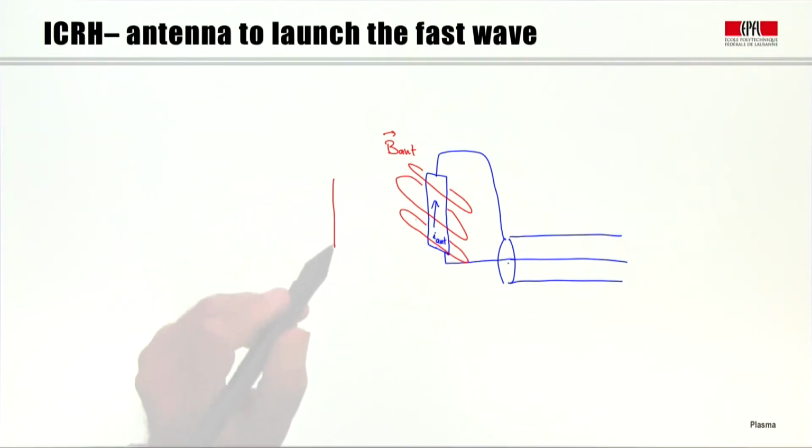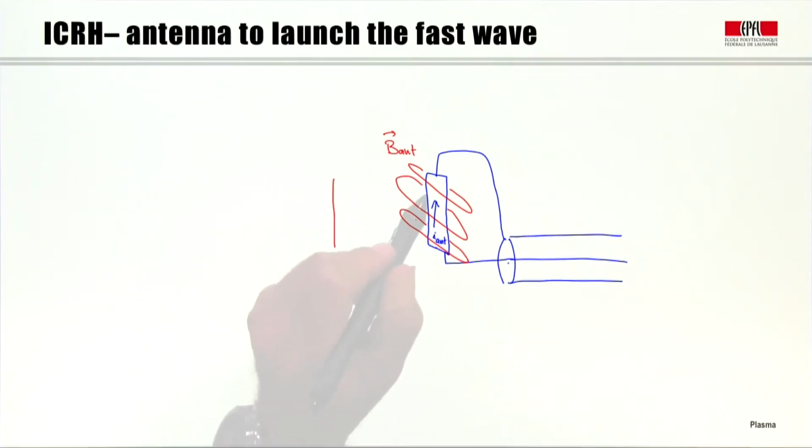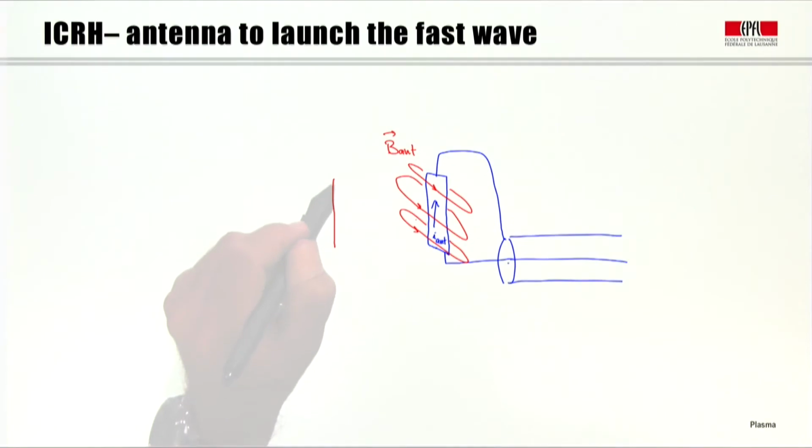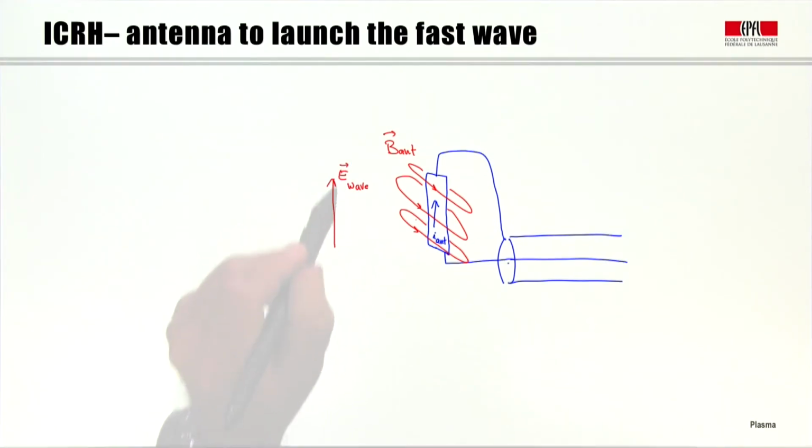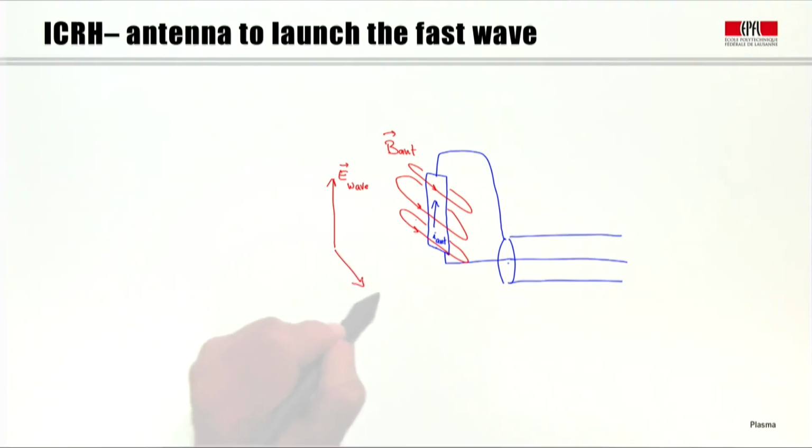So let's draw that geometry. So we say B antenna, in fact, respects the right-hand rule. Let's say the electric field of the wave that we're launching is along the direction of the oscillating current.